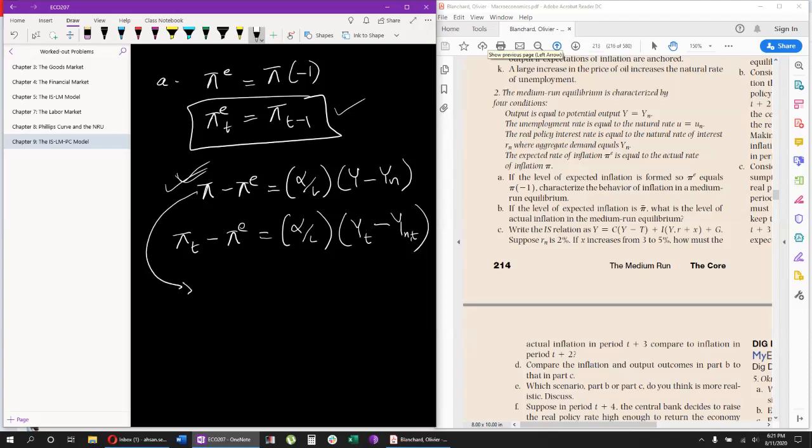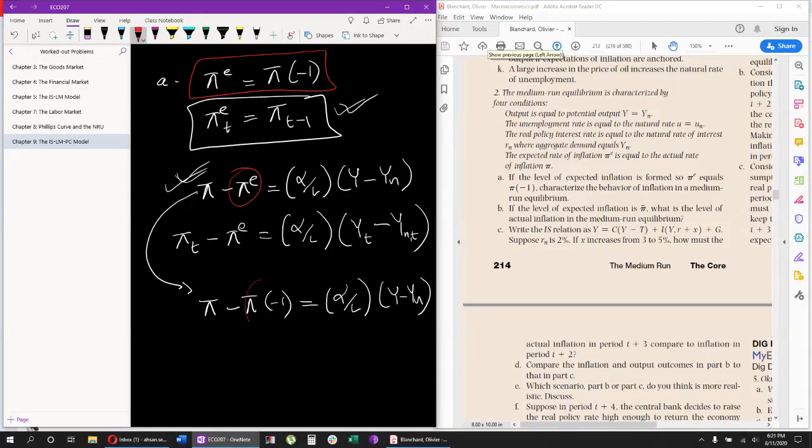From here, what we get is inflation minus, since we are sticking to this, this is equal to. All we've done is, since the question tells us that expected inflation is equal to inflation of the previous year, we have replaced this with this.